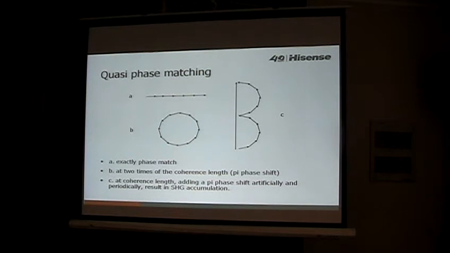You can choose your material, then design your coherent length accordingly. So for different wavelengths, you just choose and make the material layer, the coherent length, different.